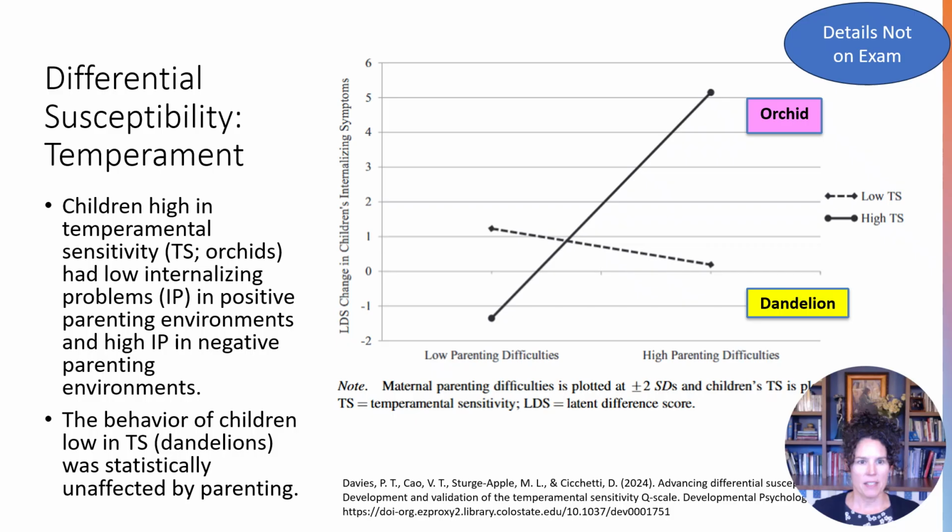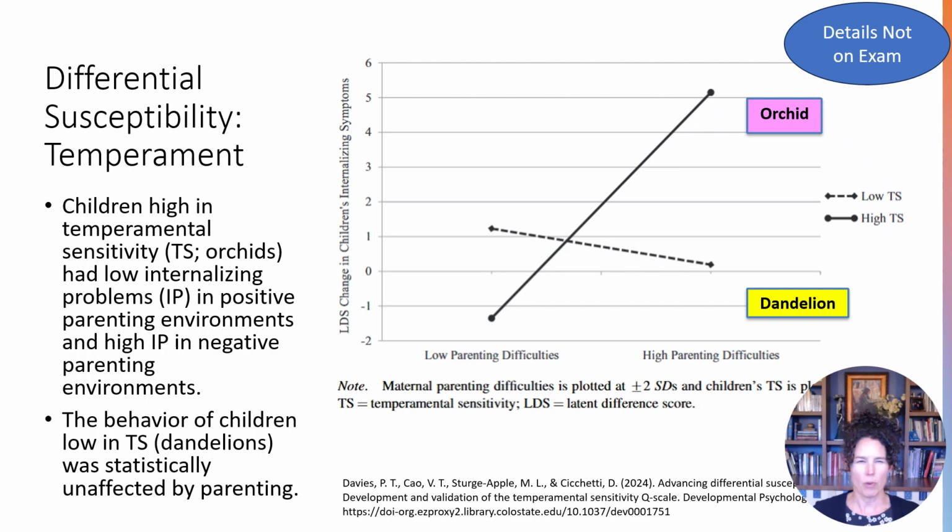And they did this in which they basically put kids through a number of tasks, and then they had observers decide how typical the child was on what behavior they showed, kind of their phenotype in various conditions.